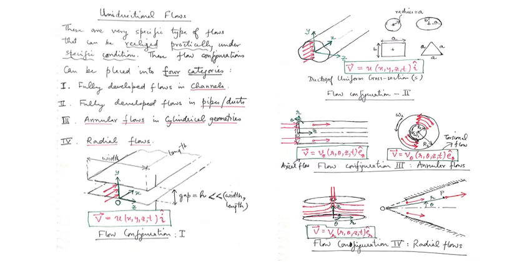So in the entrance region, where the viscous layers are still growing from the top and bottom walls, we will not find unidirectional flow. In fact, there will be velocity components both along x as well as in a direction normal to the planar surfaces, which is y.